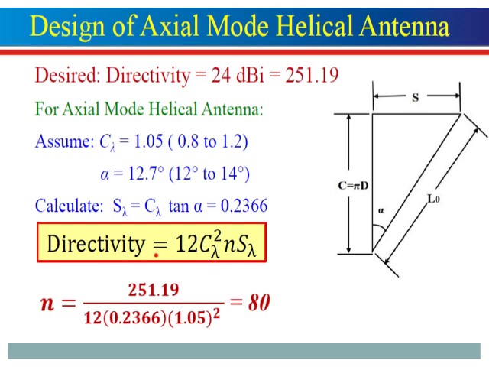In this equation we know the desired directivity, 251.19, and we know C lambda as well as S lambda. N is given by 251.19 divided by 12 into 0.2366 into 1.05 square, which is equal to 80. So the number of turns of the helical antenna is 80. This is how we design the axial mode helical antenna.